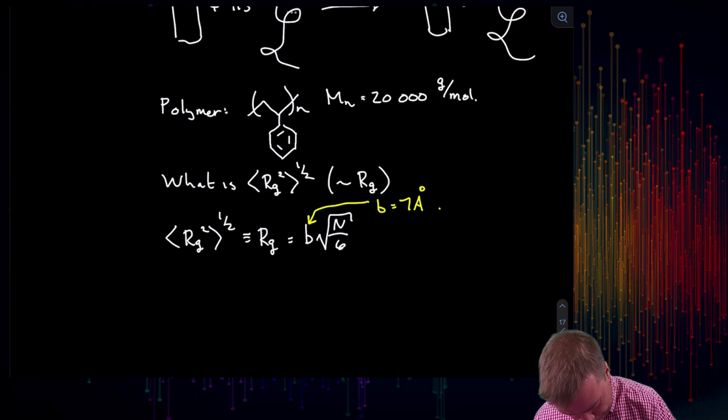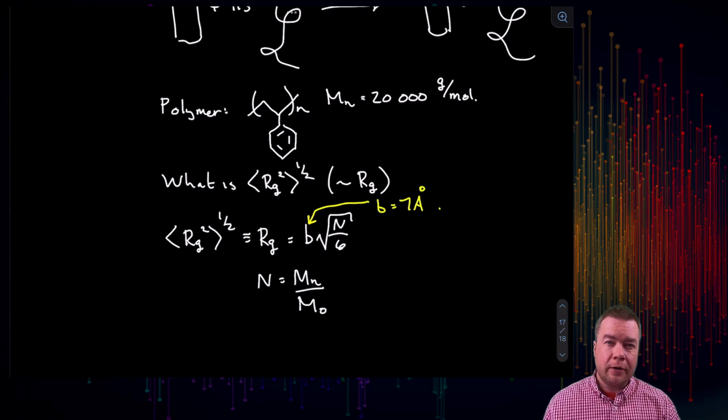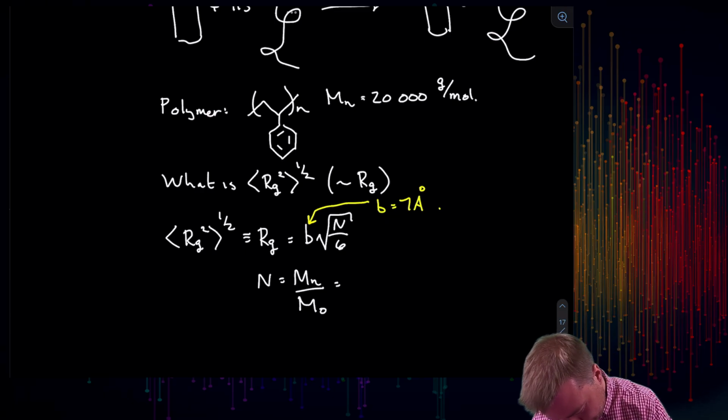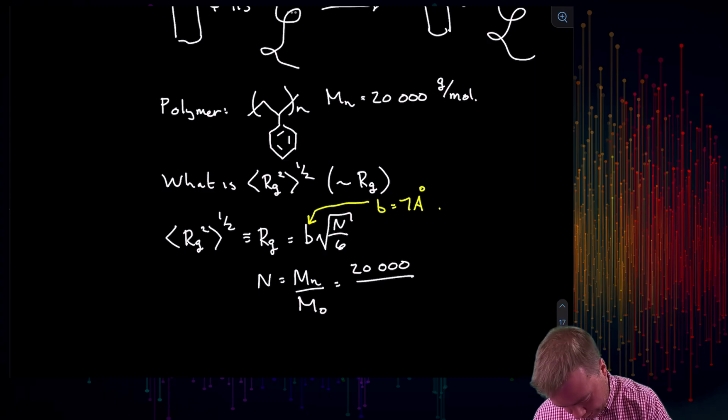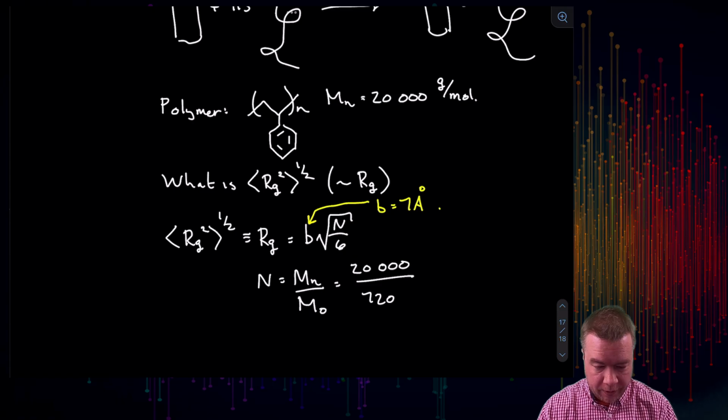I also told you that the degree of polymerization, the number of Kuhn monomers, will be the molecular weight of the polymer divided by the molar mass of the Kuhn monomer. And I can just look that up. And so I looked that up, and this will be, in this case, 20,000 grams per mole divided by 720 grams per mole.